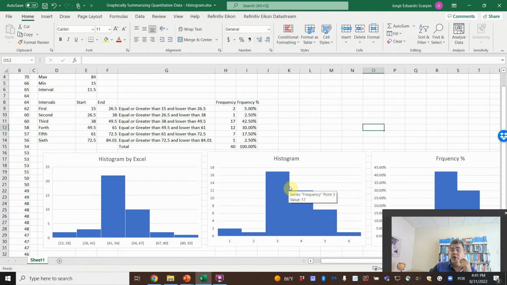So for them to be symmetrical, the class number 3 and number 4 will need to be quite similar, and then the other 2 here also quite similar. Here, they are not. The top one is to the left. So it is skewed to the left. If the histogram was with the top one to the right, it would be skewed to the right.